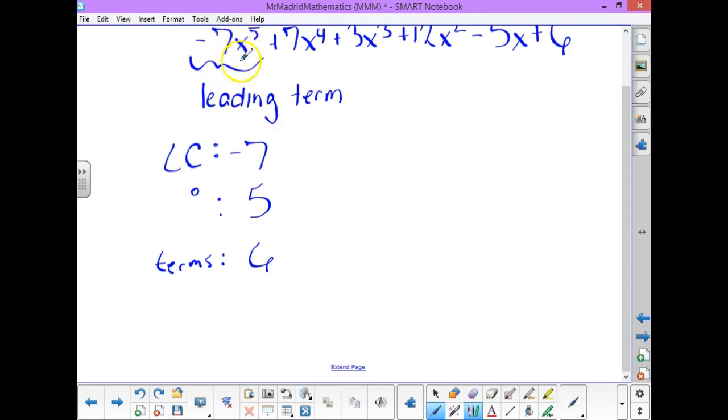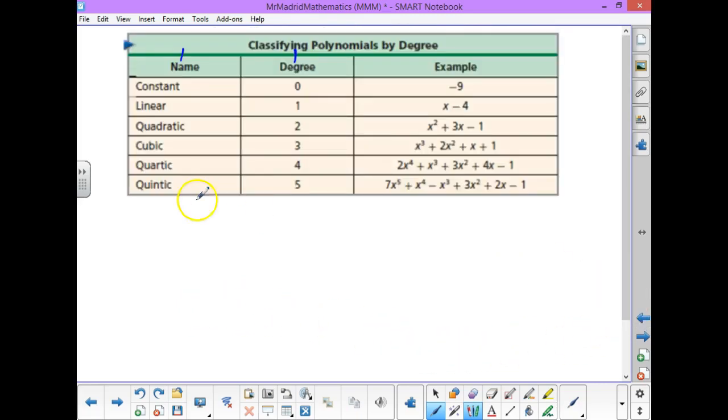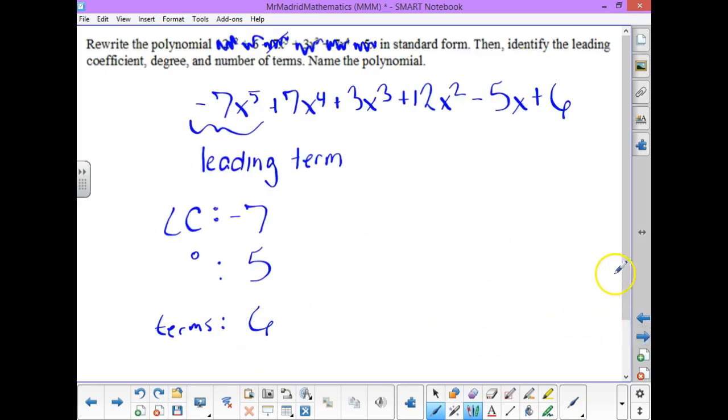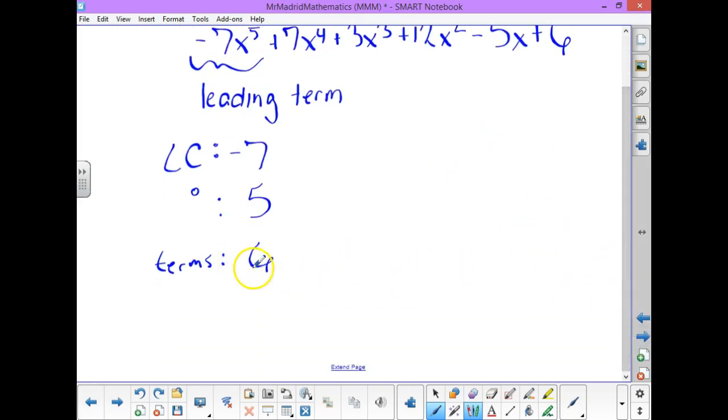When you have one term, that's a monomial, 2 of them binomial, 3 is a trinomial, and anything beyond that is just a polynomial in general. So in this case we would have a what? We'd have a quintic. Based off of the degree is this first portion, the name. Quintic.